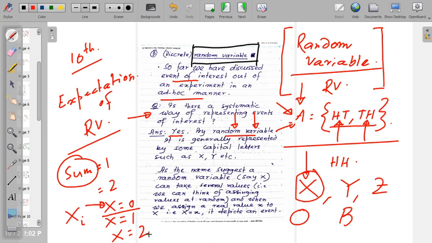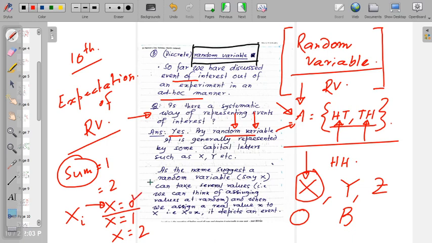Whenever we are flipping a coin, we don't know which value will come, so that's why it's a random variable. In probability parlance, this is the variable.